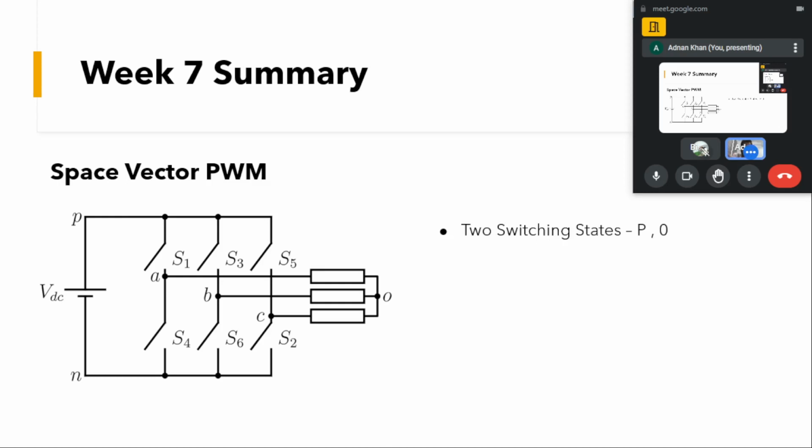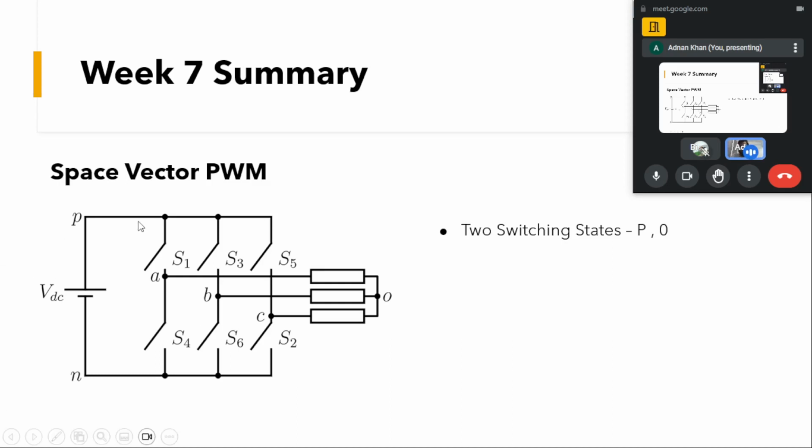Before going towards the space vector modulation, as we have two switches in each leg, we'll have two switch states that are represented by P and 0 or O. Whenever we have a P switching state, that means the top switch is on in a particular leg.